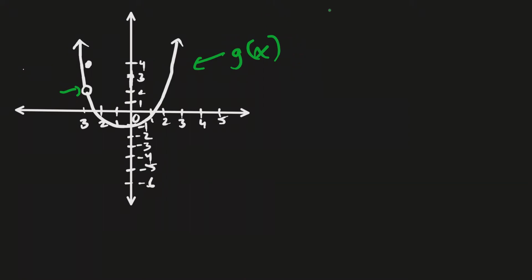So another thing that I wanted to point out in this video is trying to connect this idea to limits. So let's say that I wanted to find the limit as x approaches this point right here, and this is 3. So this doesn't look like it's 3, but it is 3. So this is 3 right there. So let's say I wanted to find the limit as x approaches 3 for this function g of x. What would that be?